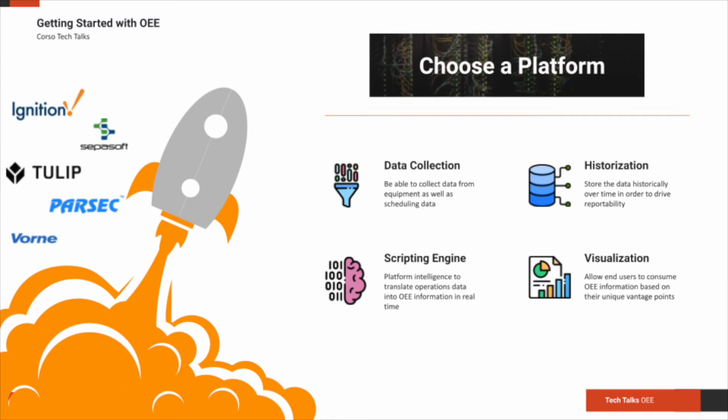But really, choosing the right platform that is purposely built for OEE collection and visualization can be difficult. I mean, there's a ton of great options out there that people can use, not just Inductive Automation or the third-party Sepasoft modules. So there are a lot of different elements that go into what would be the best system for your needs, your operations.